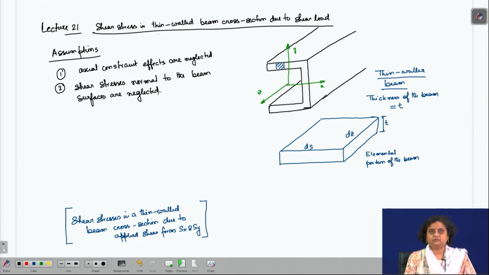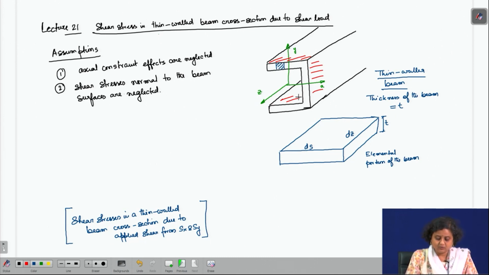It is a fair assumption because the outer and inner surfaces of the beam are stress free, so the out of plane shear stresses are 0 at these surfaces, and the wall thickness is very small and can be neglected.